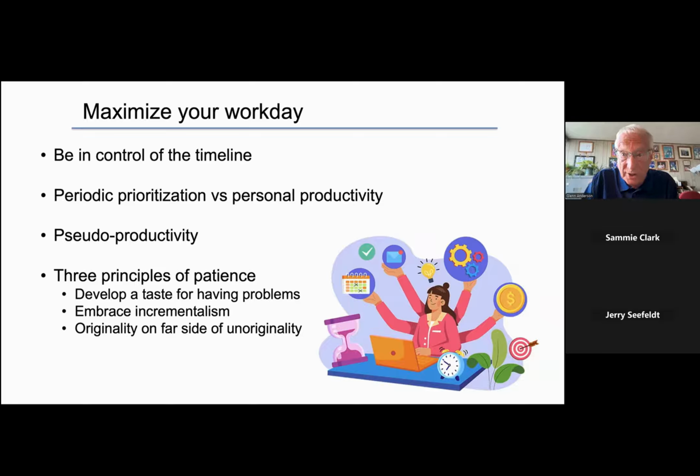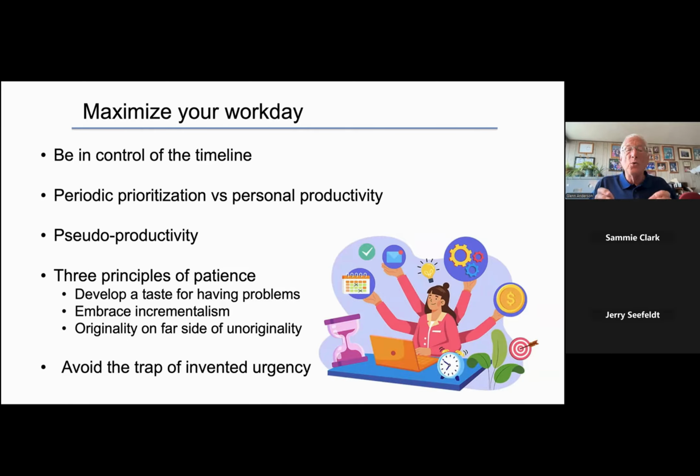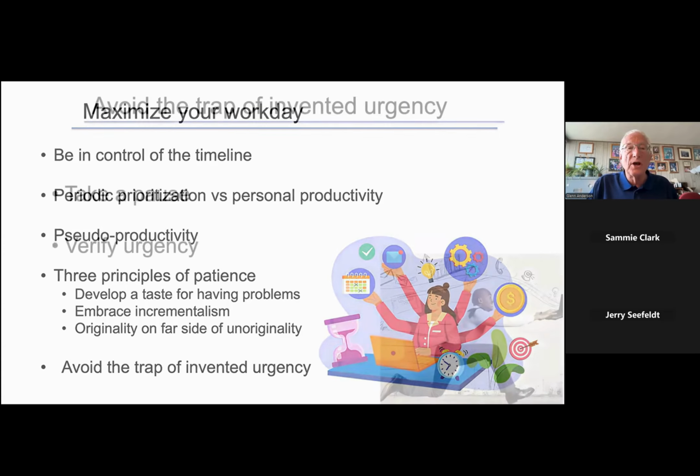That's unoriginality. And if you can have the patience to work through that, you will break through to creativity and originality. And then you want to avoid the trap of invented urgency or false urgency.